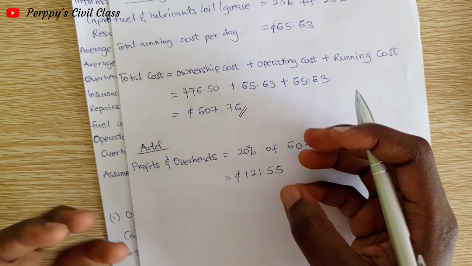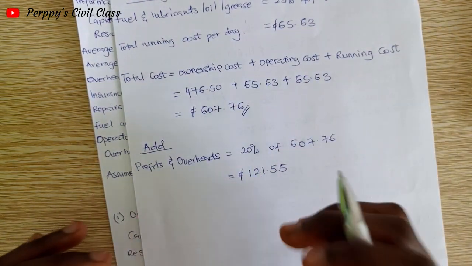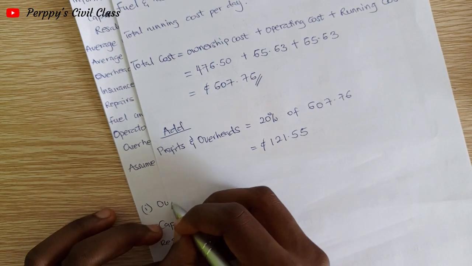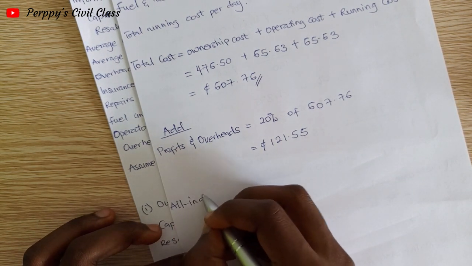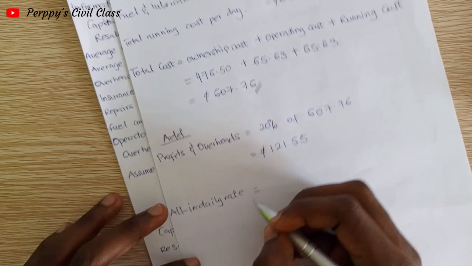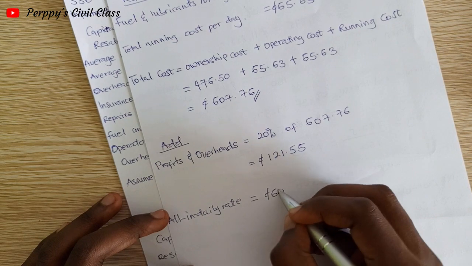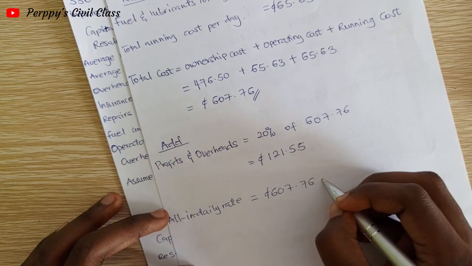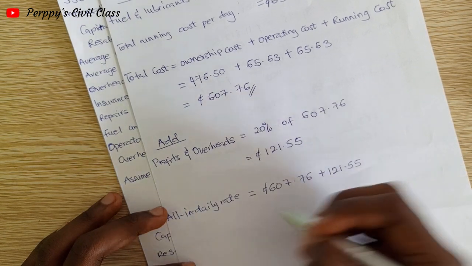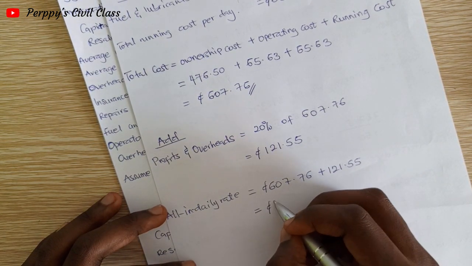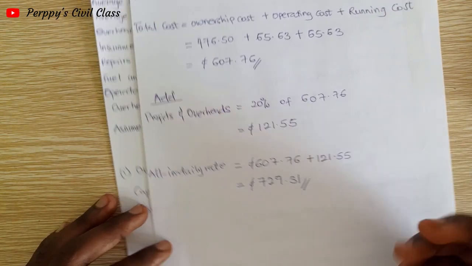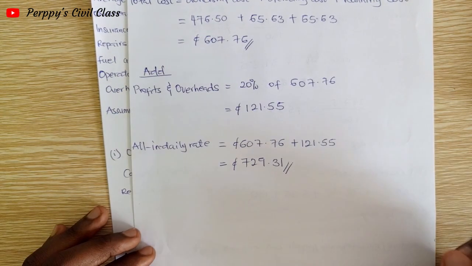We add the profit to our initial cost to know our all-in daily rate. So the all-in daily rate is equal to 607.76 Ghana cedis plus our profit of 121.55, and this is giving us 729.31. This will be our all-in daily rate for the tipper truck.